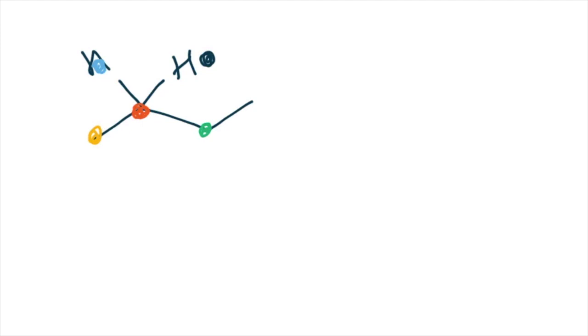If you have a double bond, our orange carbon is still making 4 bonds. It's making 1 bond to this carbon, 1 bond to this carbon, but now has 2 bonds to this oxygen.